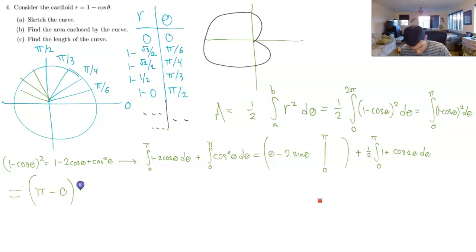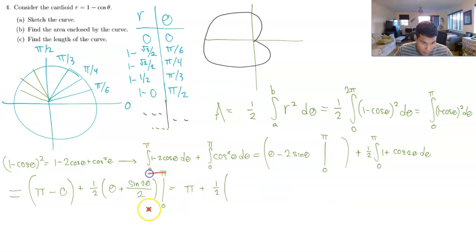Next one, 1/2, and this is going to become theta plus sine 2 theta divided by 2, evaluated from pi to 0. Again, the pi in the front we already evaluated, so then we just have 1/2.